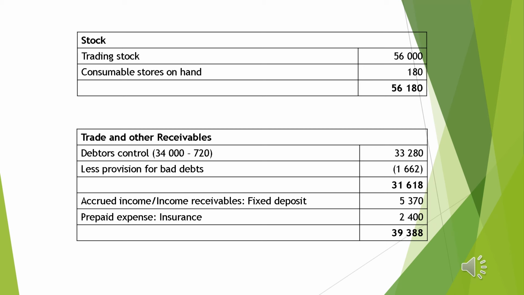If we treat this stationery as an expense, then at the end of the financial year, we say stationery was bought from the beginning of the financial year until the end of the financial year.